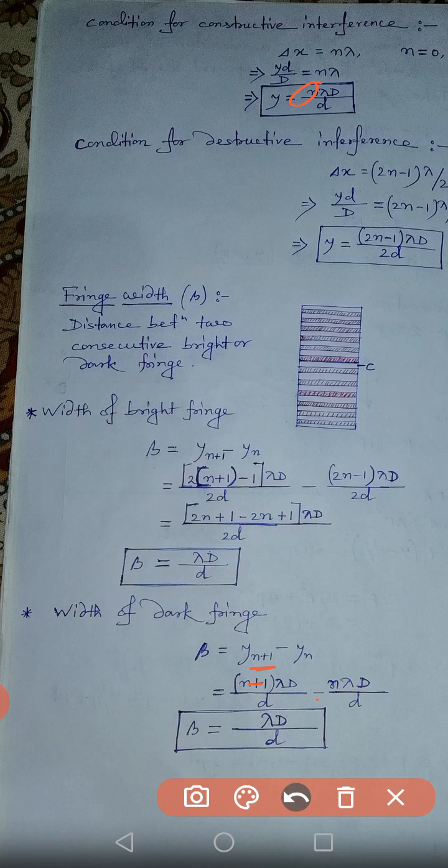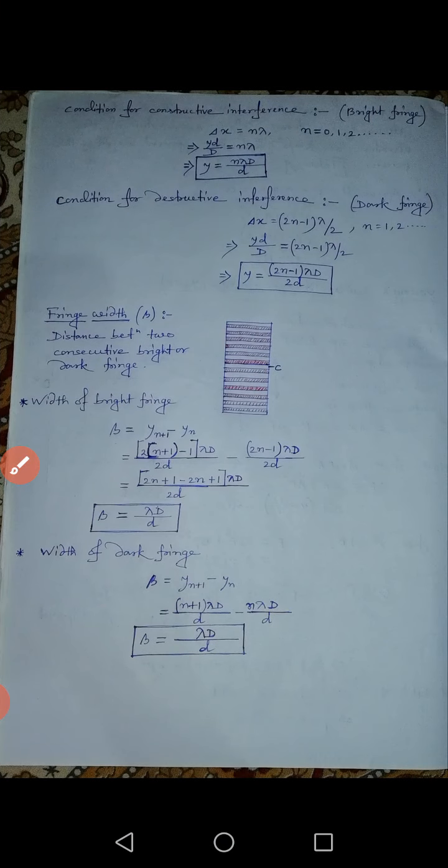If you subtract, take lambda D common, n plus 1 minus n, n gets cancelled, and again we get lambda D by d. So aren't they the same? The width of a bright fringe and the width of a dark fringe are the same. I hope this part is clear. Then we will proceed to one sum.